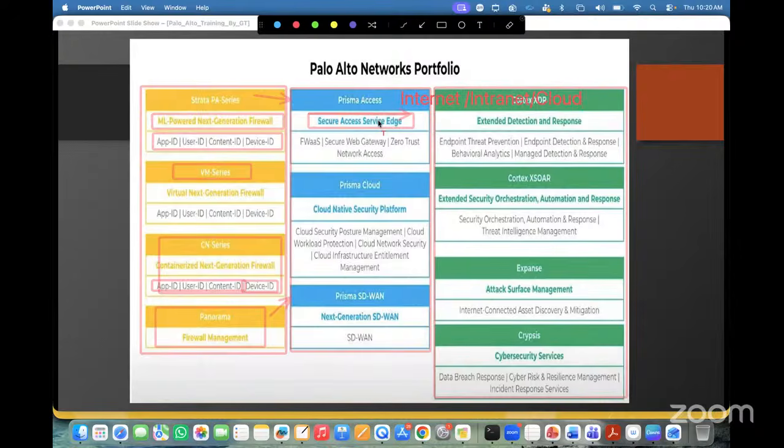In that case, you don't have to deploy any physical firewall in your locations, but you still have a similar level of security. As you can see, in this particular feature we have firewall as a service, secure web gateway, and zero trust network access. This is something very advanced for you, but you can see the firewall module is still there.